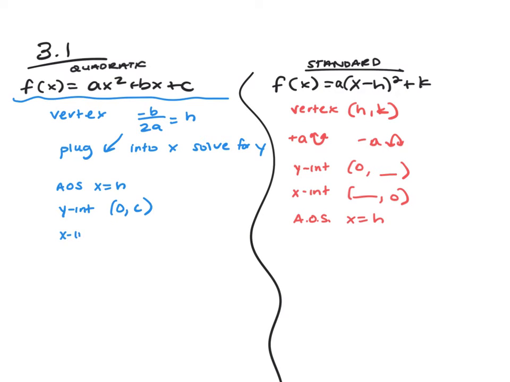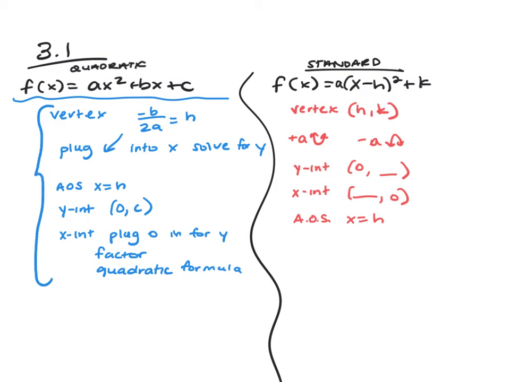The x-intercepts, we plug 0 in for y again. Sometimes we can factor, or we can use the quadratic formula. So this is all option 1, if it's in quadratic form.